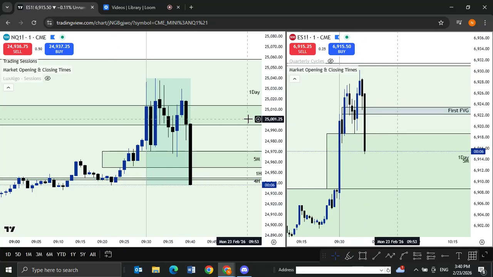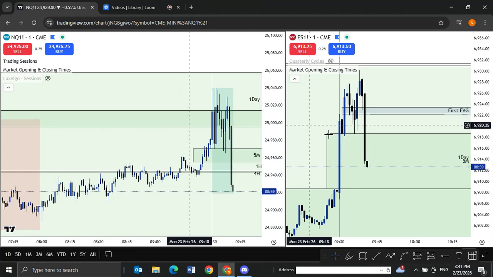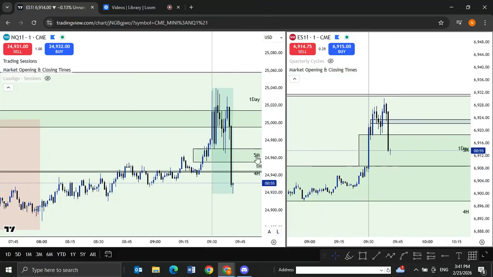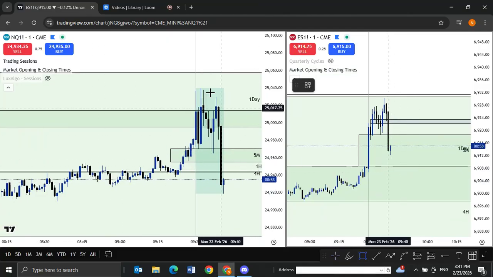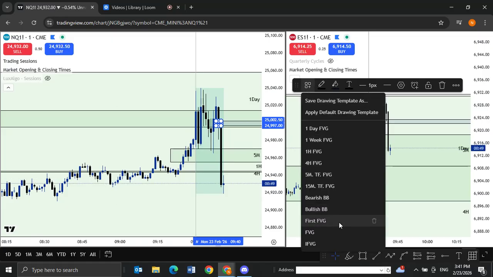Okay, it's crazy push to the downside. Okay, we have first presented on the Nasdaq now. A bit hard to navigate the market now.